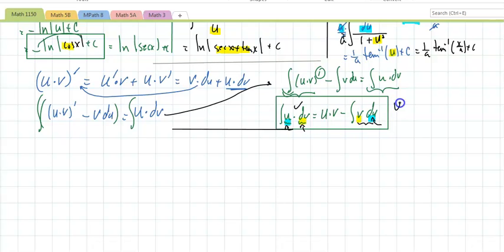So whatever I choose u to be and dv to be, eventually I will end up looking at the integral of the derivative of that and the integral of this. Well, what can I eliminate by taking enough derivatives? Well, obviously that would be a polynomial. Let's start with the easiest case possible.